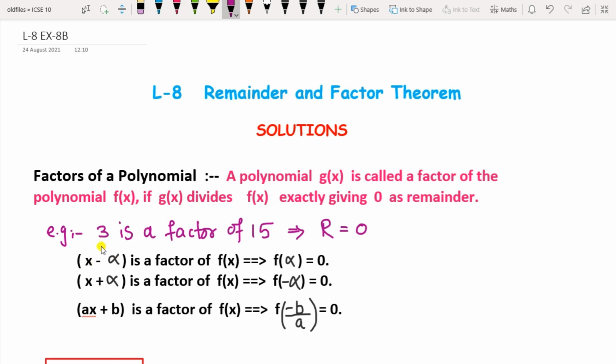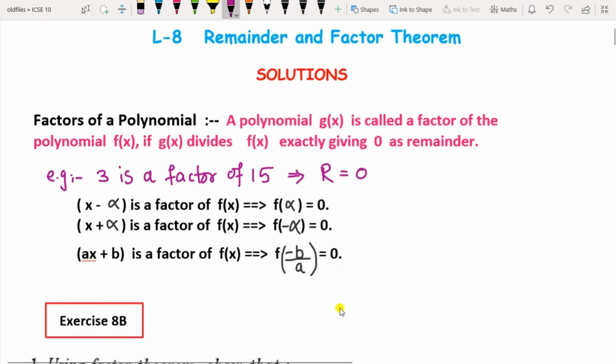In such a way, in polynomials, x minus alpha, a linear polynomial, is a factor of f(x) when f(alpha) is equal to 0. x plus alpha is a factor of f(x) when f(minus alpha) equals 0, and ax plus b is a factor of f(x) when f(minus b by a) equals 0. So this is the summary about factors of a polynomial.